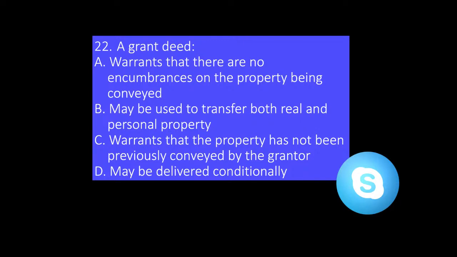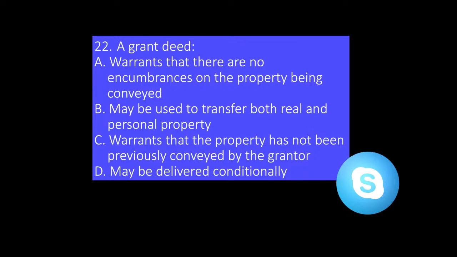The grantor warrants two things. First, that the property has not been previously conveyed by the grantor. That's the first warranty. And the second warranty is that there are no other encumbrances on the property other than what has been disclosed.